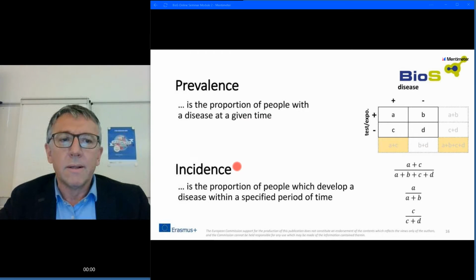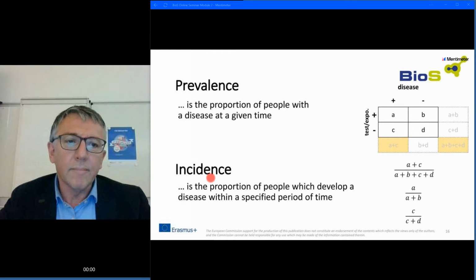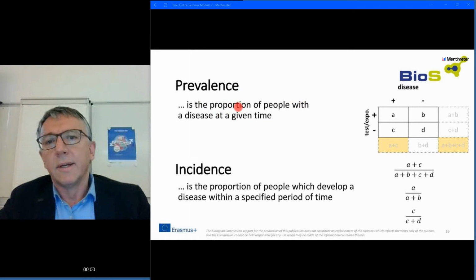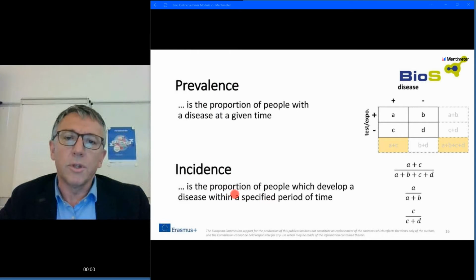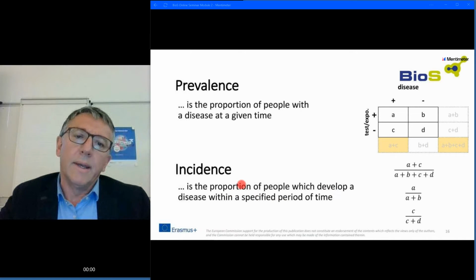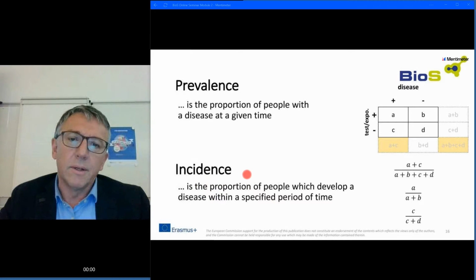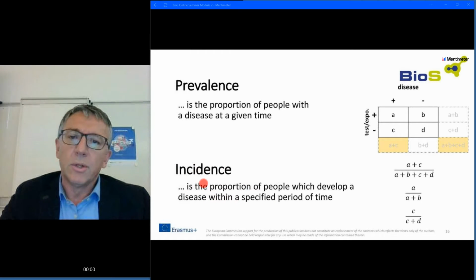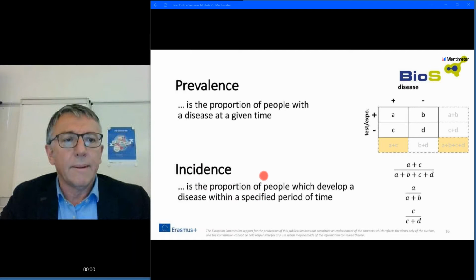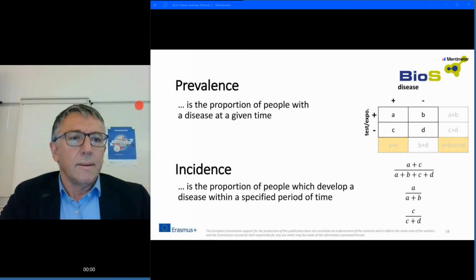That's the prevalence. This is actually the same as the incidence. The incidence is the proportion of people which develop a disease. So the prevalence is given, for example, in a case cohort study or in a diagnostic study, while the incidence can be obtained in a prognostic study or in a controlled observational study, because here you additionally have the time during which the people develop the disease.